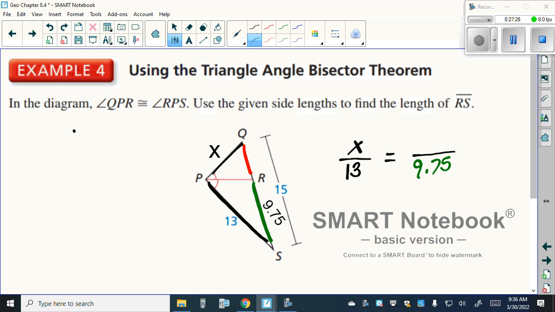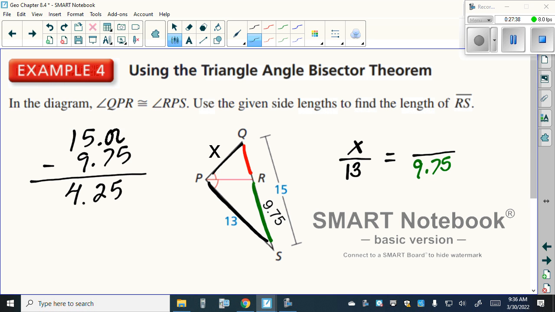So what we can do is say 15 minus 9.75. Because the 0.25 would take us from 9.75 to 10, and then we need 5.